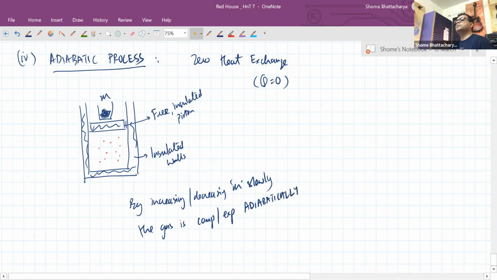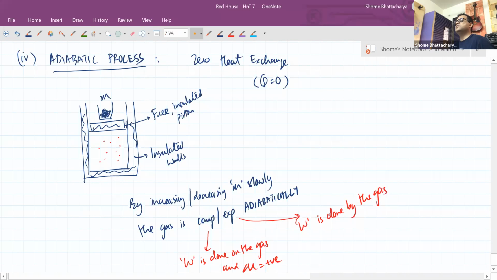So when we compress the gas, work is done on the gas, and internal energy increases. Whereas when we let the gas expand by removing mass, work is done by the gas.